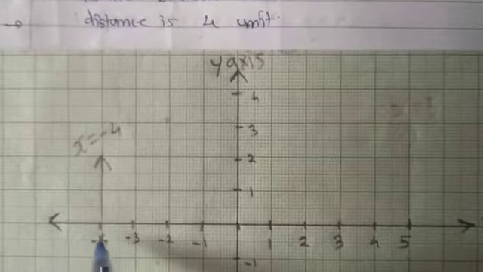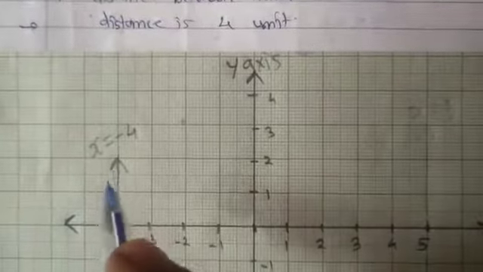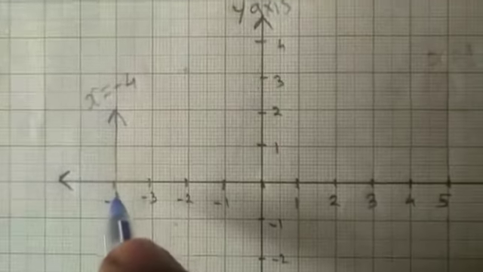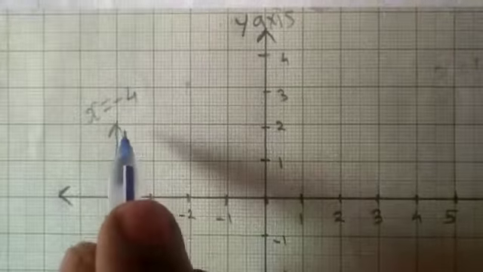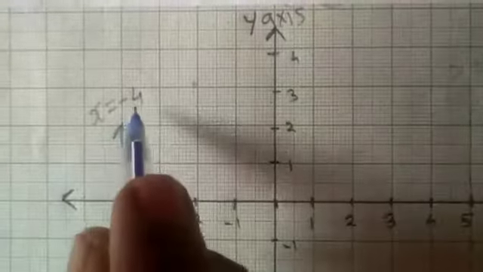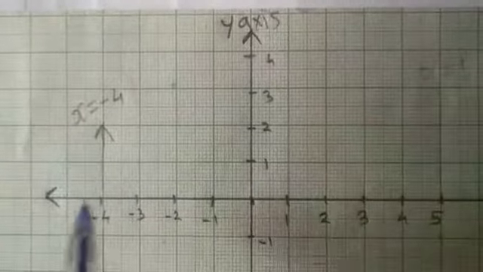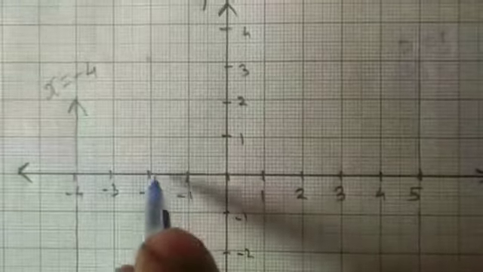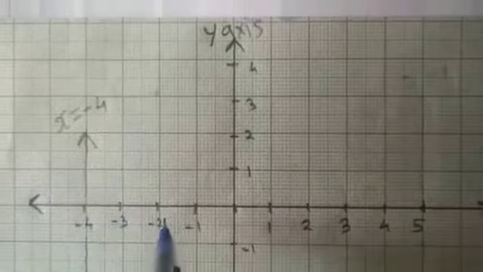So draw a line from -4 on the x-axis, and you can see that this line x equal to -4 and the y-axis are parallel to each other. Now measure the distance. 1, 2, 3, 4. The distance is 4 unit.